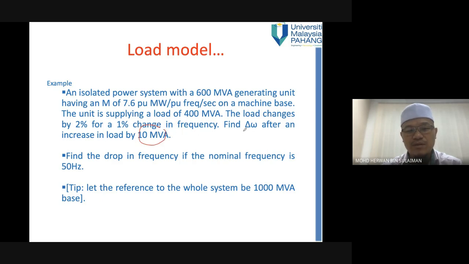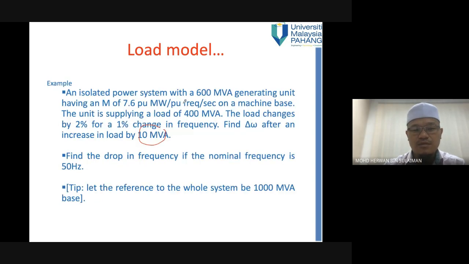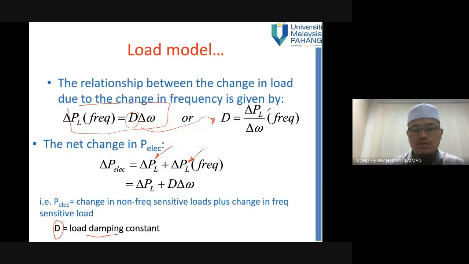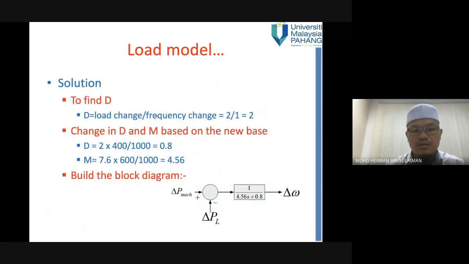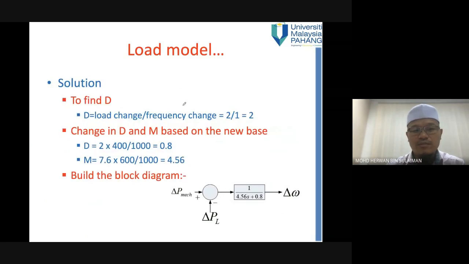So how do we find the delta omega? Using this one. Basically to find your D, your damping, it is load change divided by frequency change. So you get a load change of 2% in per unit for one frequency change, right? So you divide 2 by 1 and get 2. Your D is 2. And then you need to convert into the base, so change D and M based on 2 the new base.